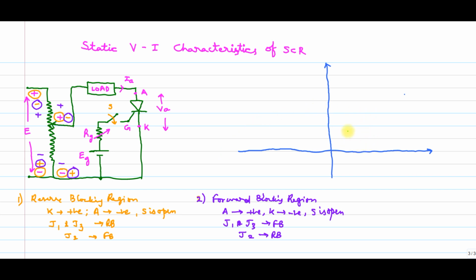Please observe, this is VA, the positive part, and this part is VA negative. The above part is current IA positive, and this is IA negative. This is in volts, this is in amperes.